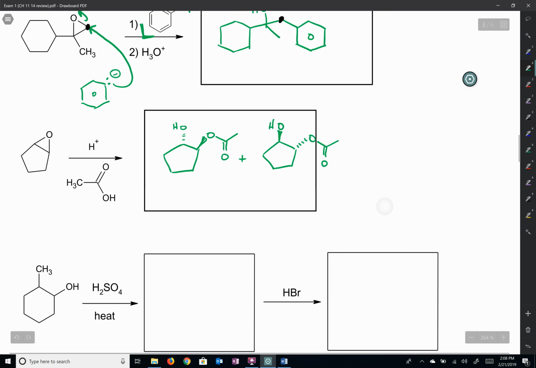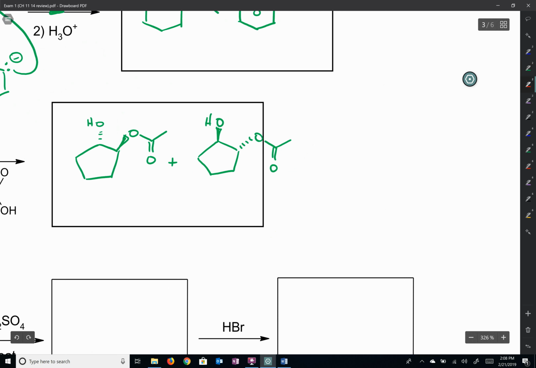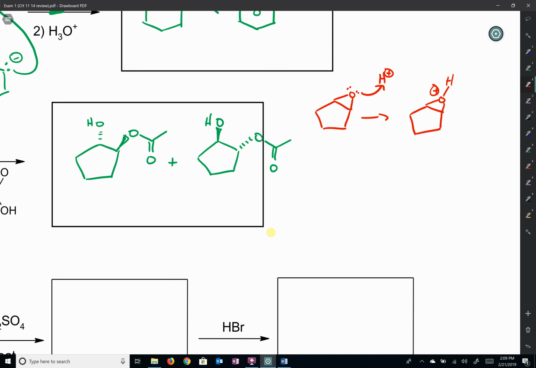So let's quickly take a look at this mechanism. All right, so we start out here, right, with H+. This would be an adequate way of starting. So we end up with our protonated epoxide. Our carboxylic acid then can come in.